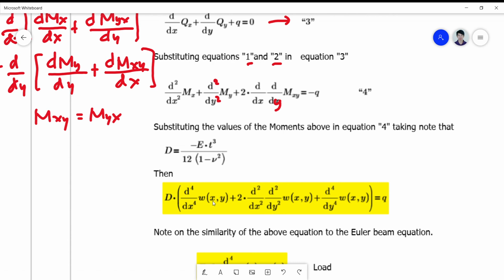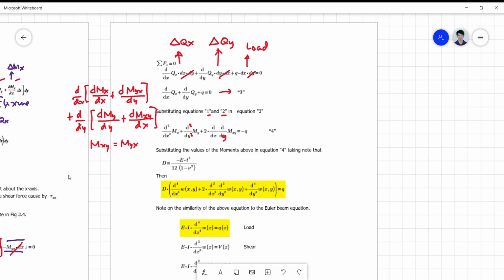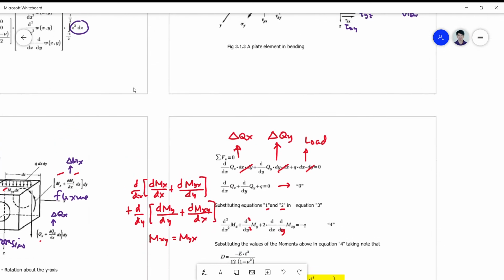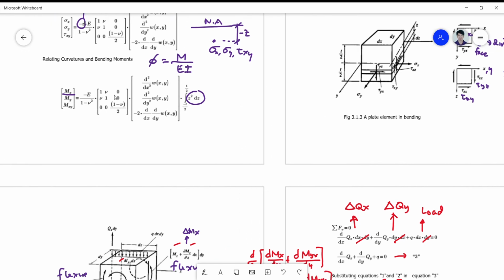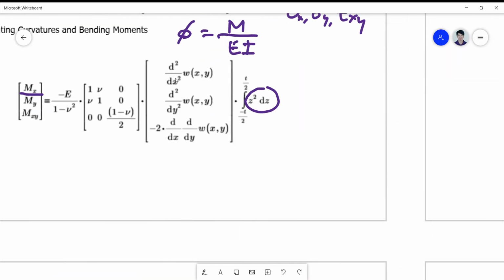We all know that the moment is simply equivalent to the derivative of the load in the previous equation here. Okay, so the moment is simply equivalent to the second derivative of the load.